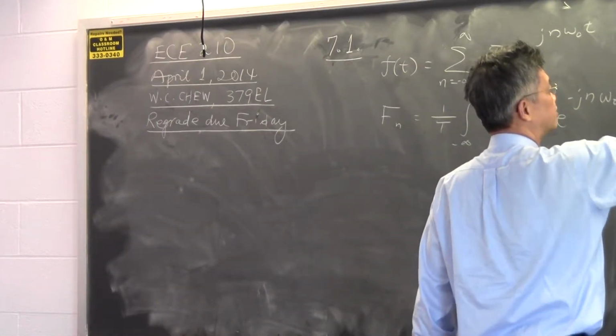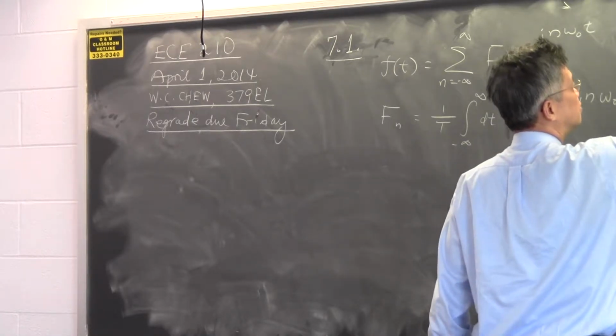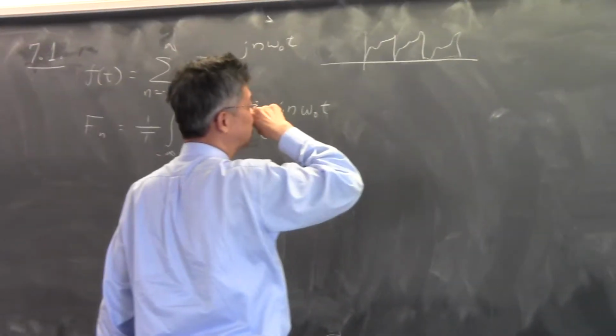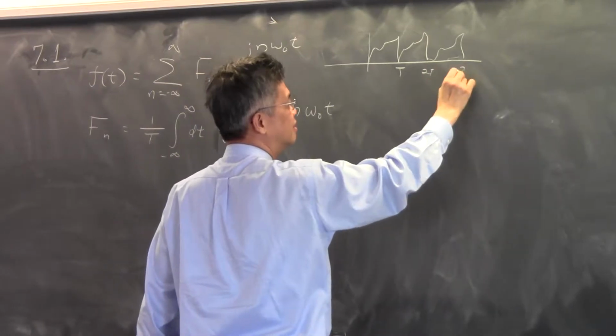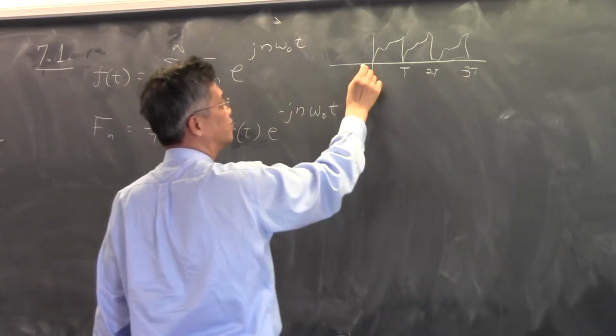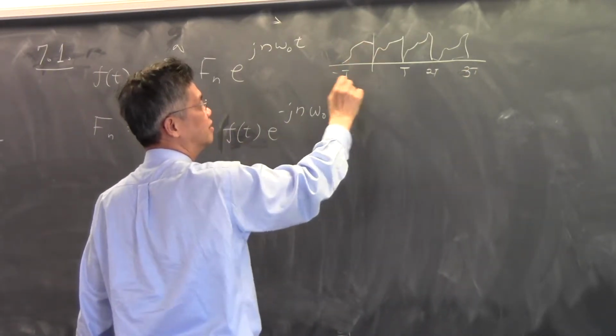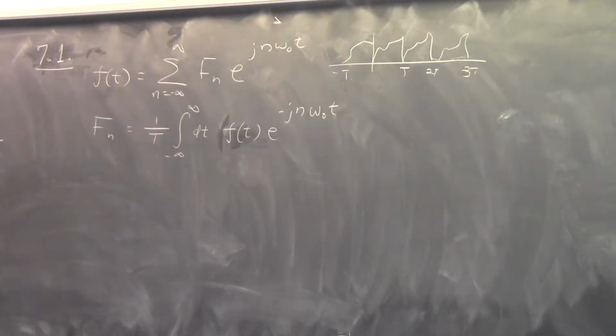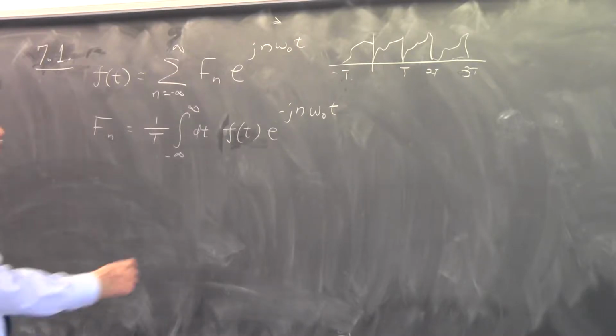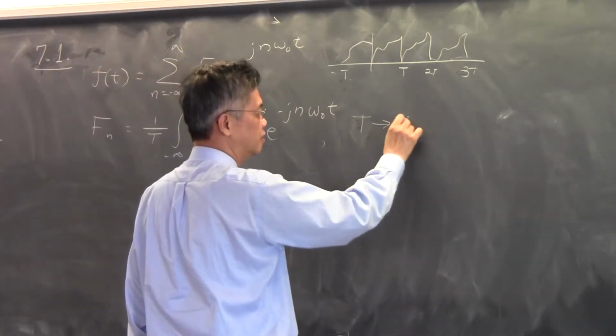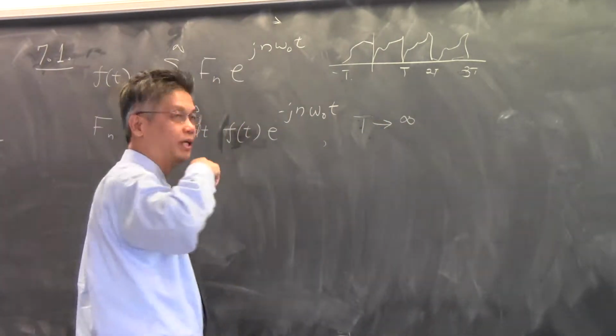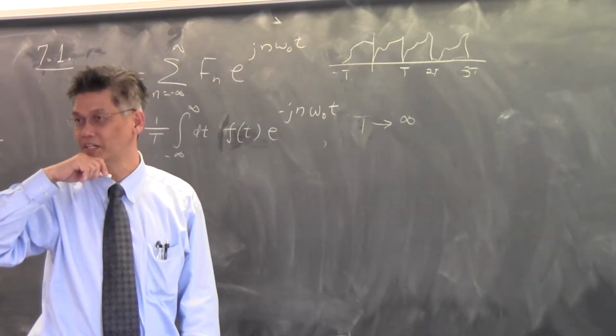If you have a periodic signal, I'm not very good at drawing periodic signals. Okay, this is a periodic signal. You can have this kind of Fourier series expansion. And if you make the period T go to infinity, then the periodic signal becomes an aperiodic signal.